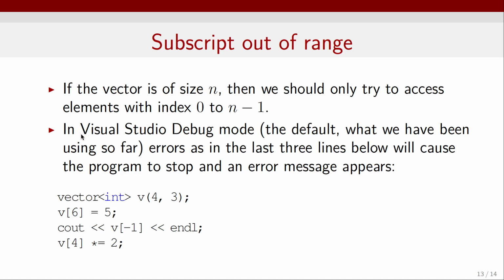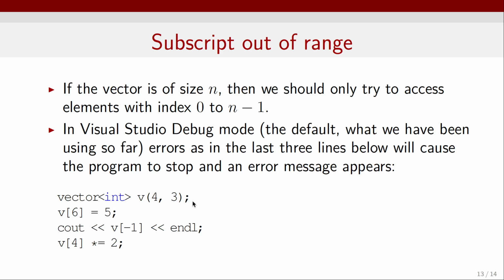For example, in Visual Studio debug mode, and that's a default most of us have been using so far, errors such as in the last 3 lines below here will cause the program to stop and an error message to appear.